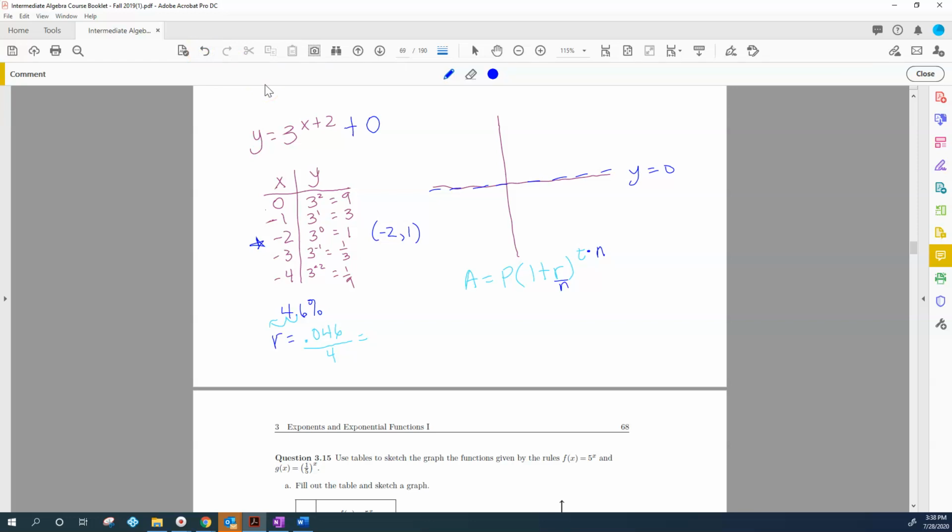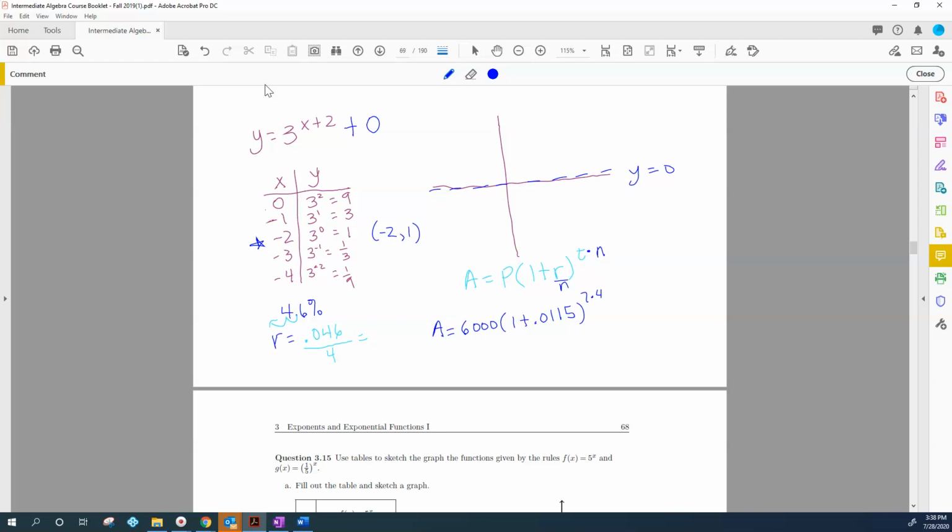And so when I try and put in what I've been given there, I'll do 6,000 times 1 plus that crazy decimal that we had before, all raised to the n times t power. It said 7 years, but we also have to take into account the number of times it's compounded, which is 4.